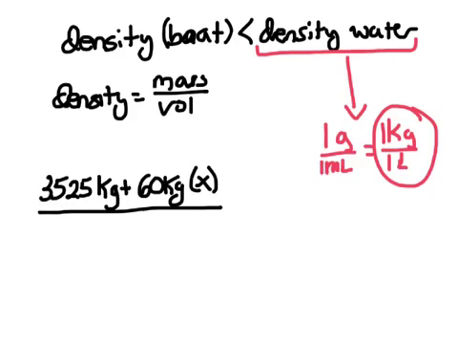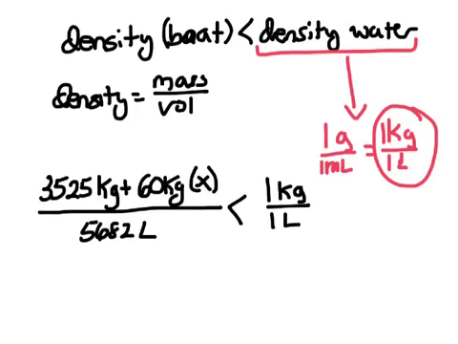And what's the volume of our boat? 5,682 liters has got to be less than 1 kilogram per 1 liter. Okay, so this is our problem, and we are looking for x. X is what we're trying to find, to make this basic algebra equation true. Okay, so let's start off on the next slide.